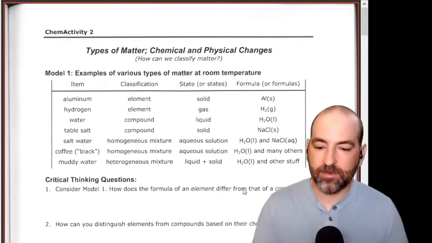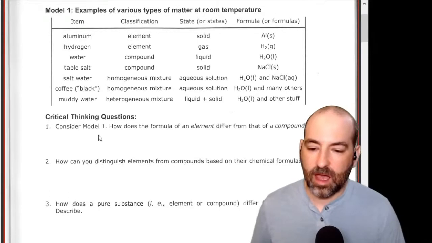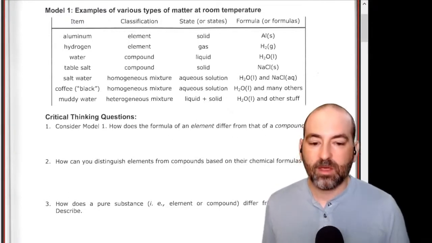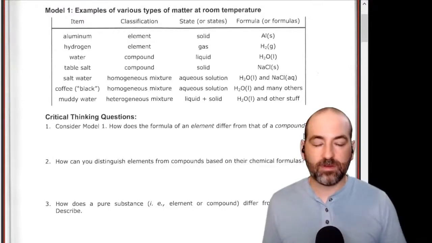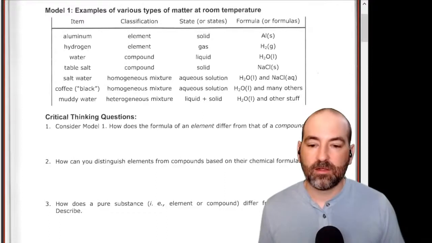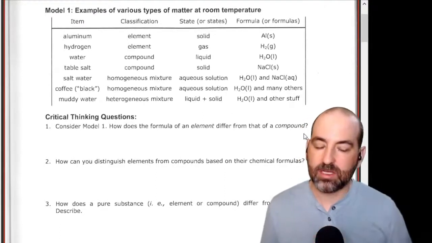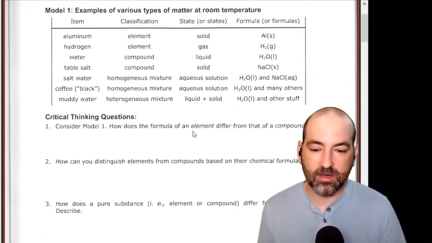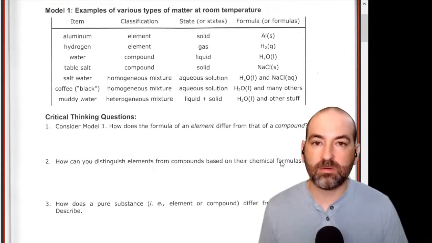So, for example, the first question here says, how does the formula of an element differ from that of a compound? The idea here is not for you to go look that up and write some definition that you find. What you're supposed to do here is look at the table, look at the information that's given above, and see if you can figure out how the formula of something considered an element differs from something that we would consider a compound.